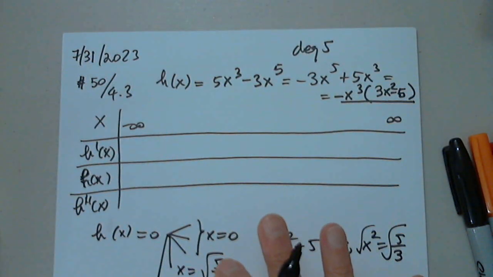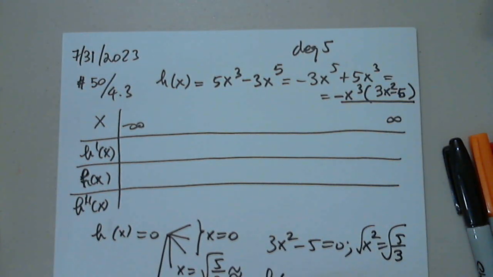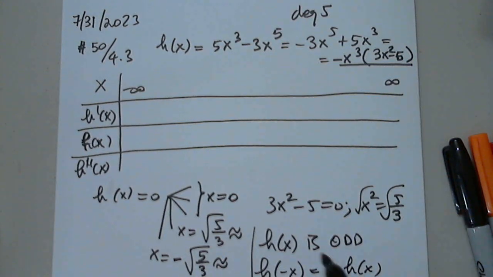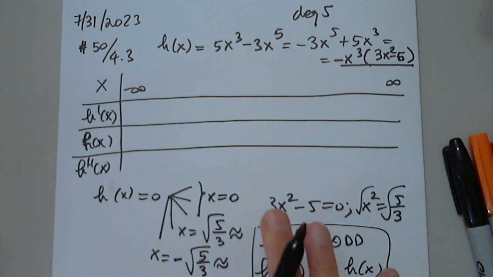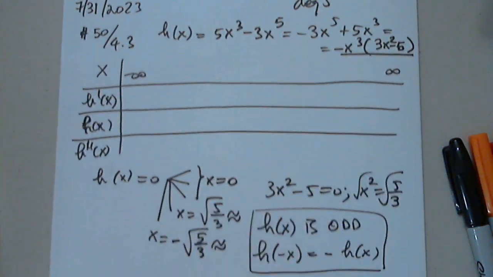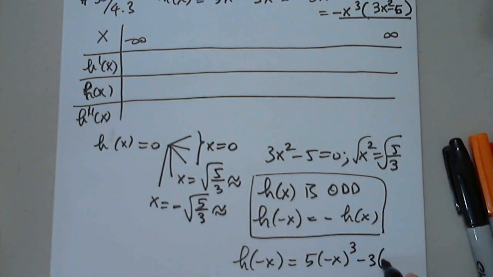Also at this moment, before I write anything in the table, I realize that h of x is odd. How do I know that? Because h of negative x will give us negative h of x. If you replace x by negative x, h of negative x, we get 5 times negative x to the third minus 3 times negative x to the fifth.